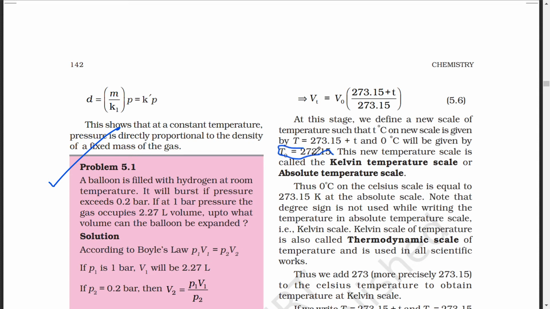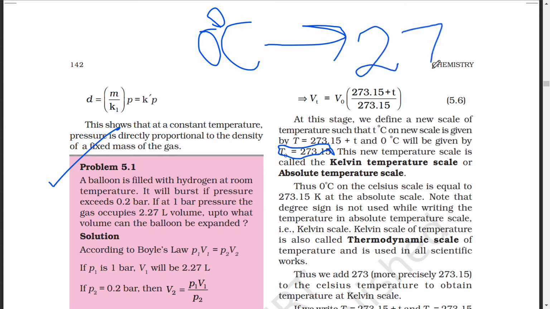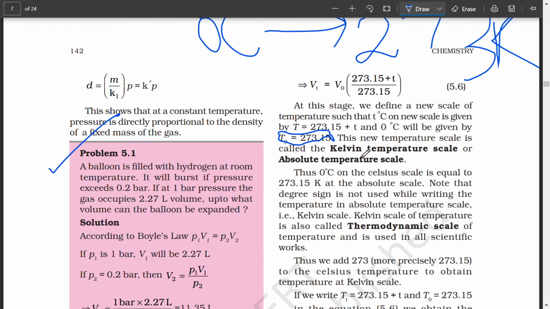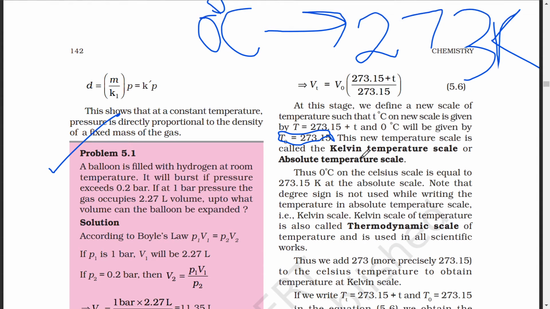You must be knowing it because you have already learned the conversion of 0 degrees Celsius to Kelvin. For converting into Kelvin, we just add 273 to any temperature. 0 plus 273 gives you 273 Kelvin. That is, this new temperature is called Kelvin temperature scale or absolute temperature scale.